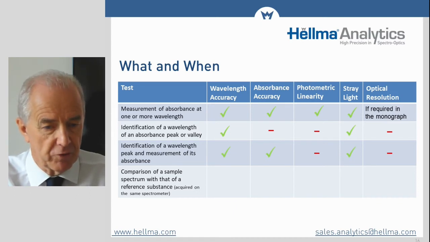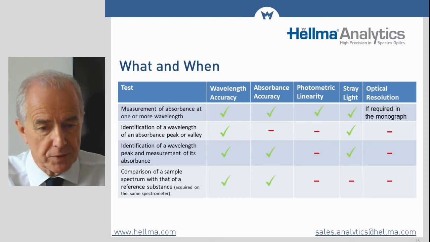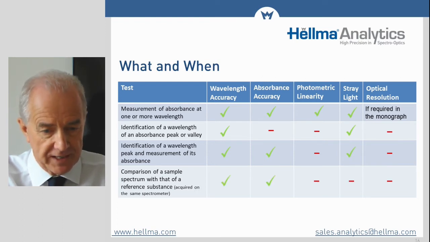Where the spectrum of a wavelength scan is being compared to a reference scan taken on the same instrument under the same conditions, then the absorbance accuracy and the wavelength accuracy should be tested. Of course, once you are familiar with all the tests, it may be just as easy to do them all regardless.